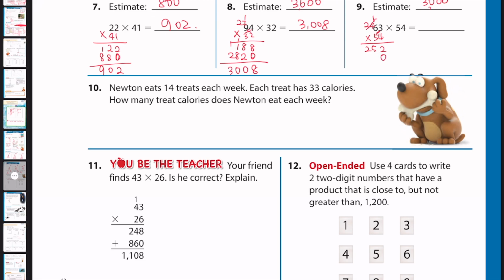And 5 times, if you get confused, you can just scrap that. Okay, erase it, okay? And 5 times 3 is 15. Carry 1 up. 6 times 5 is 30. 31. 2, 10. Carry 1 up. 4, 3. So 3,402. All right, let's move on.